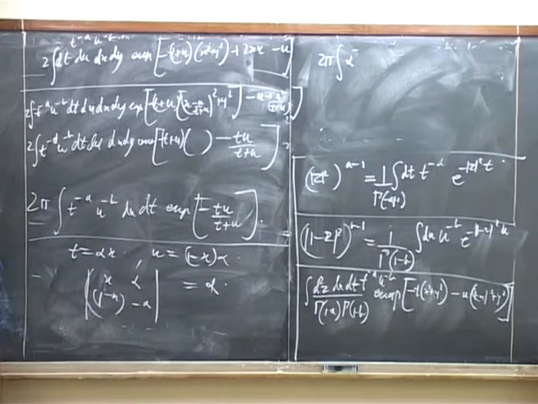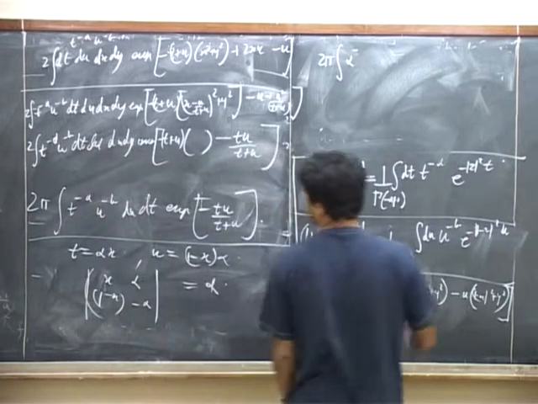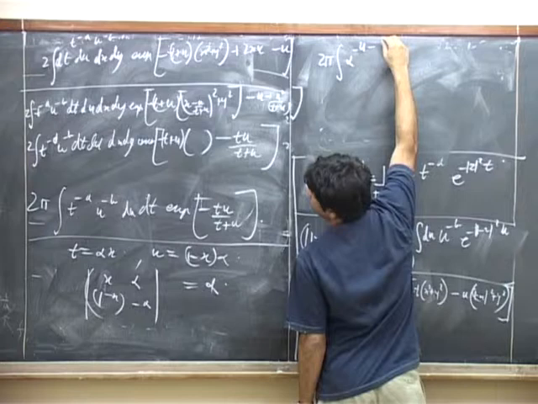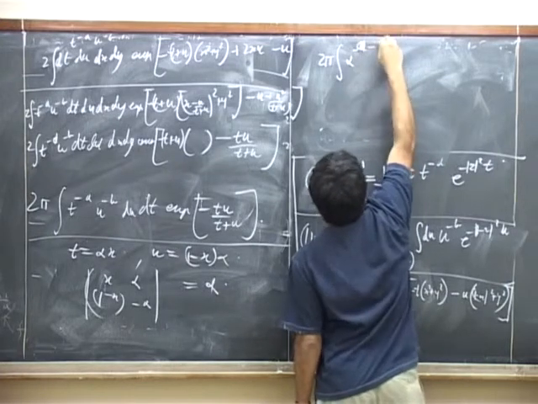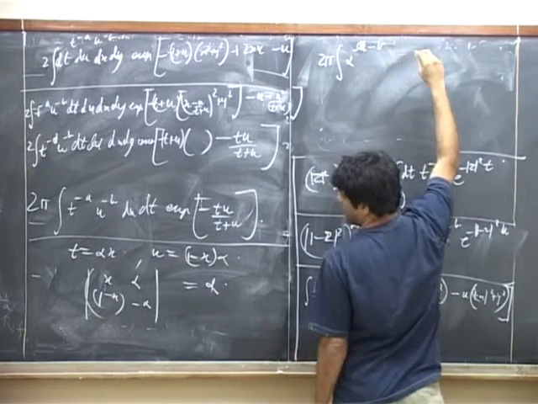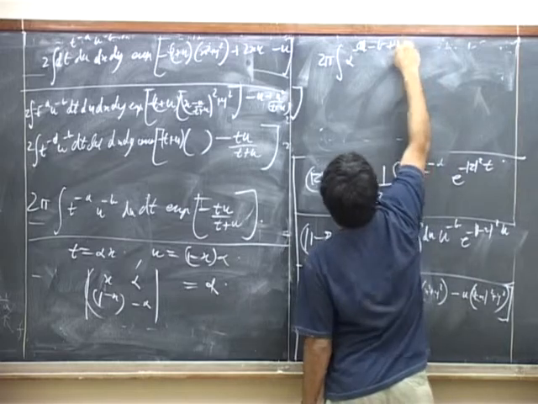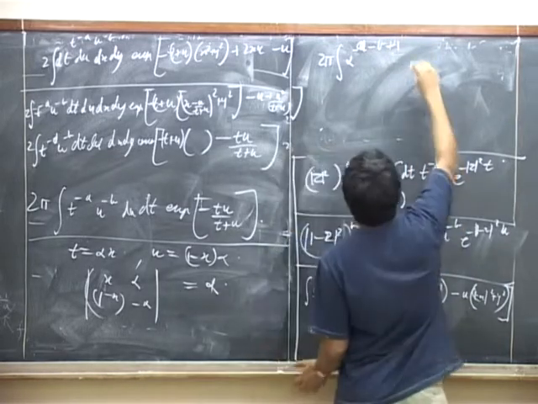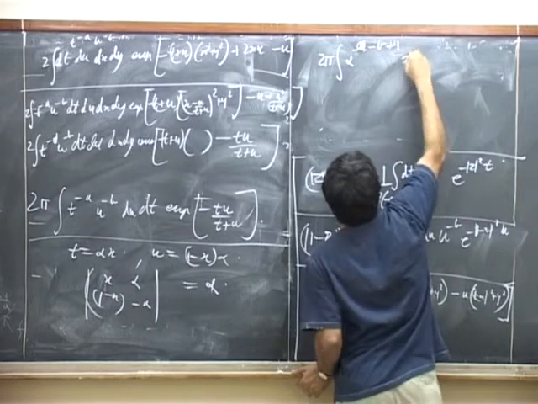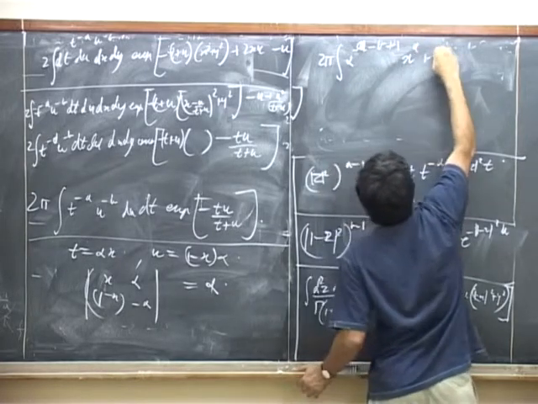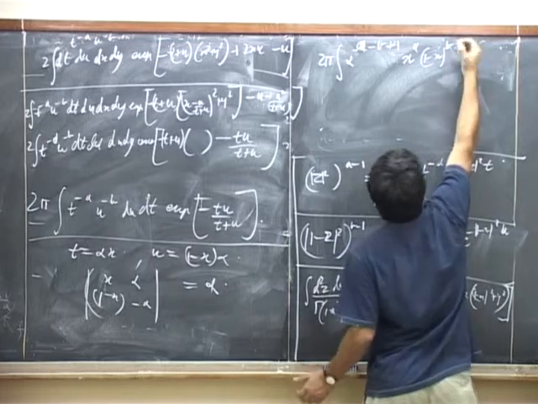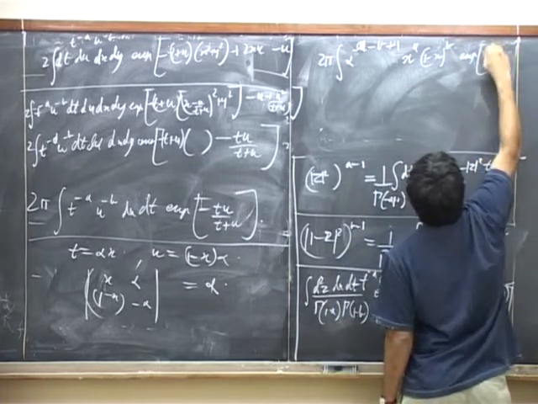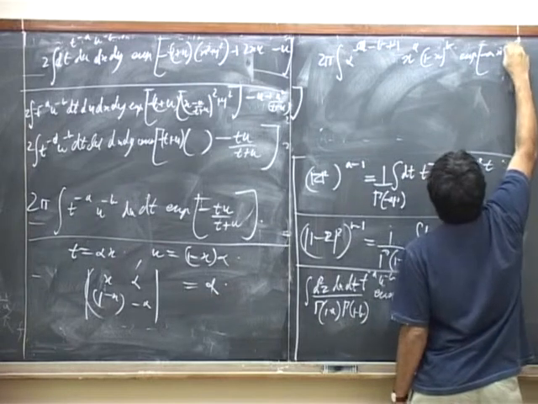Times x to the power minus a, 1 minus x to the power minus b, and then exponential of minus alpha into x into 1 minus x.